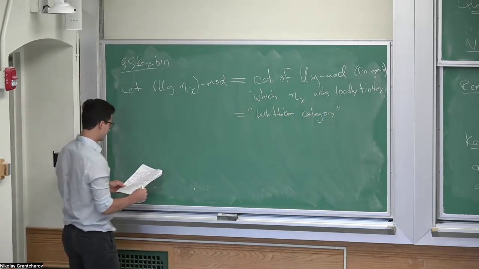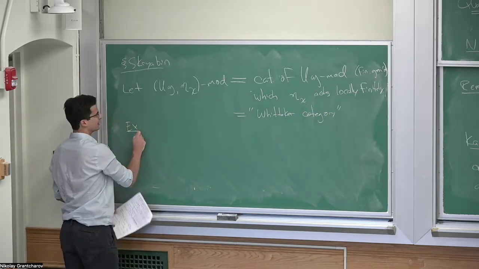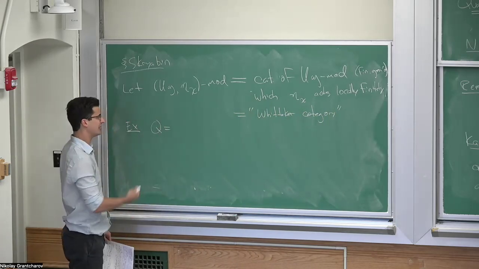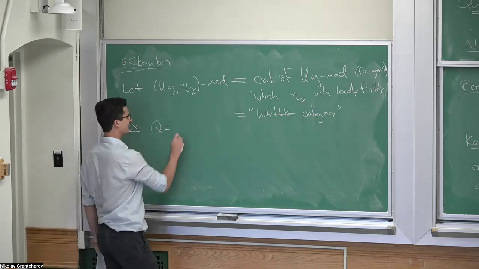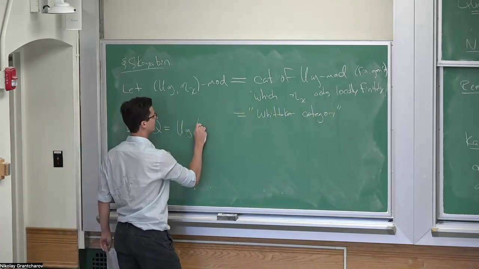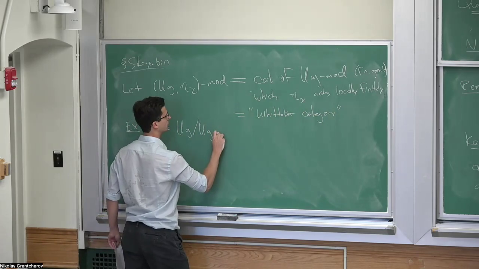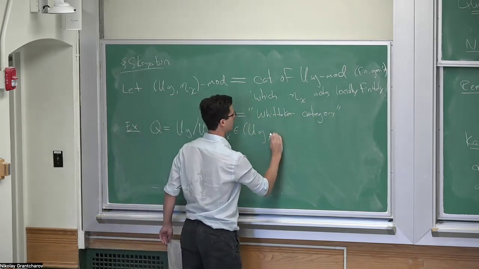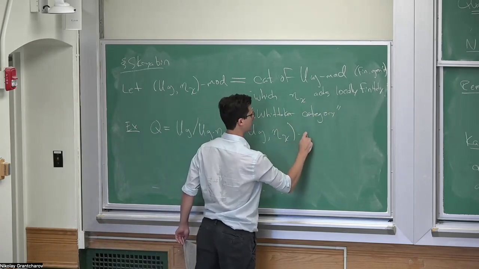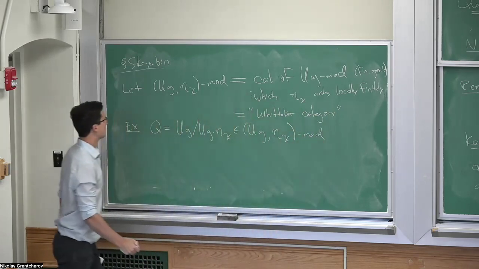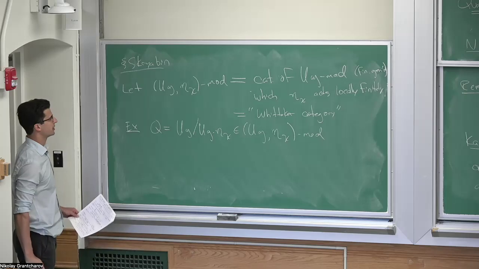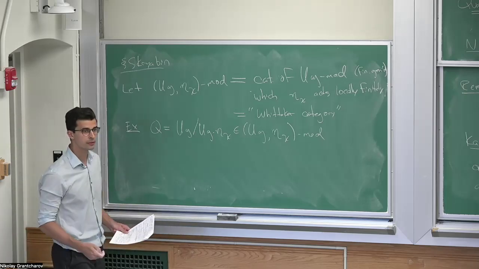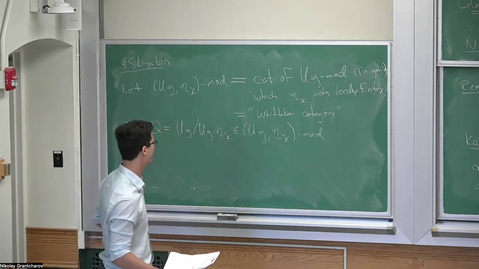Okay, and then this Q, this quotient, is the main example of a module here. And then we're going to introduce a functor given by taking invariants, like almost just an integrability condition.